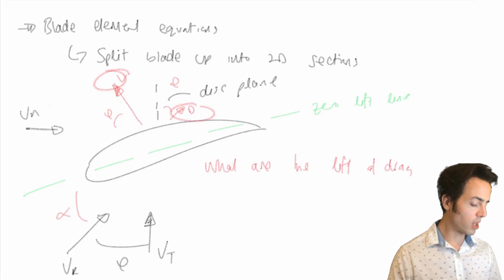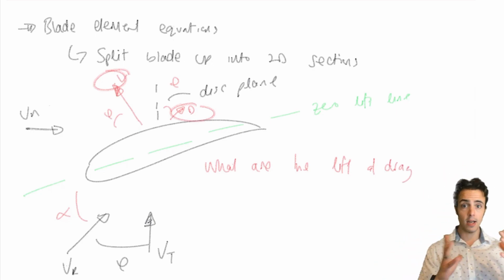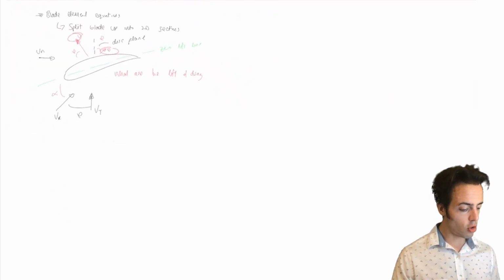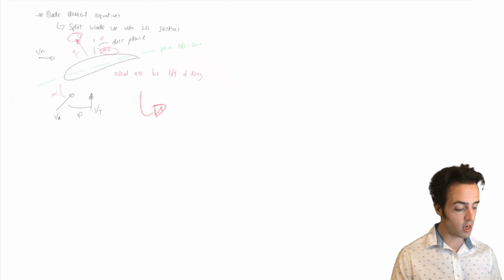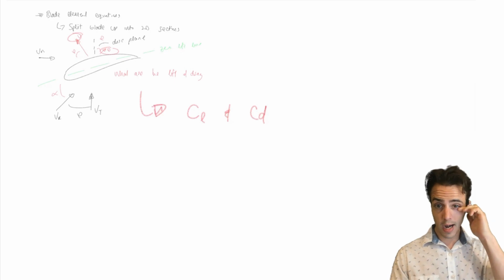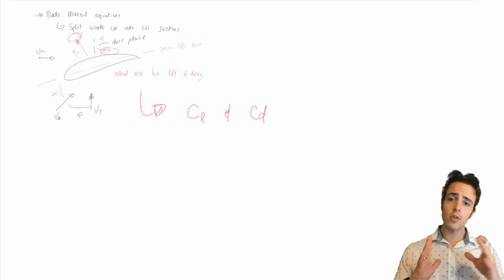In the methodology, we went through a non-dimensional set of equations where we assumed that we would be able to determine the two-dimensional lift coefficient and the two-dimensional drag coefficient. So what are these numbers?